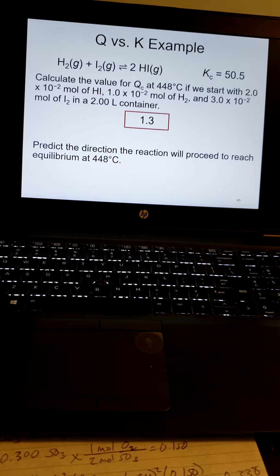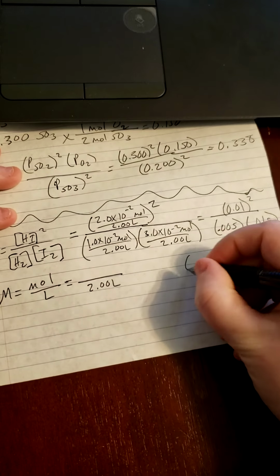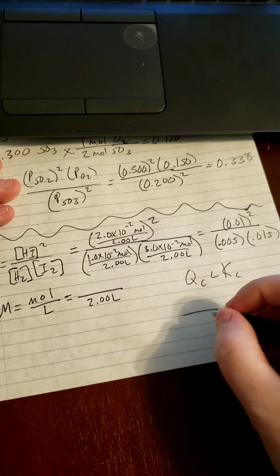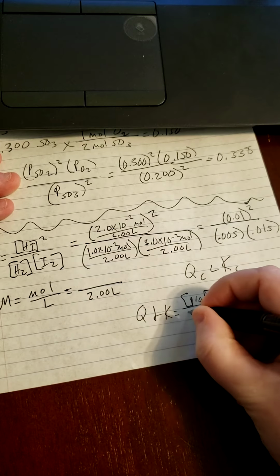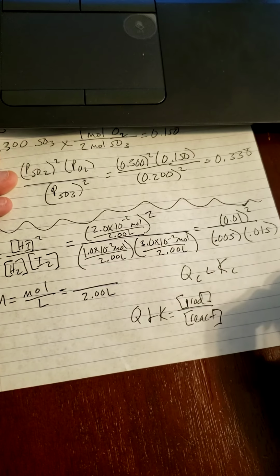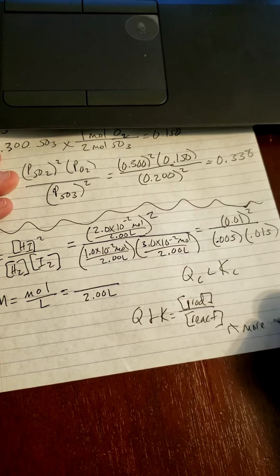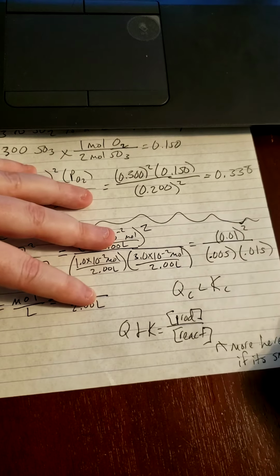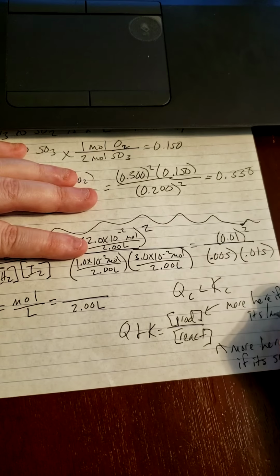So how does Q relate to K? Q is smaller than K. If we go back to our piece of paper, if Q is smaller than K, and remember that Q and K equal the concentration of products over reactants, then you're going to have more reactants if it's small, and more products if it's large.